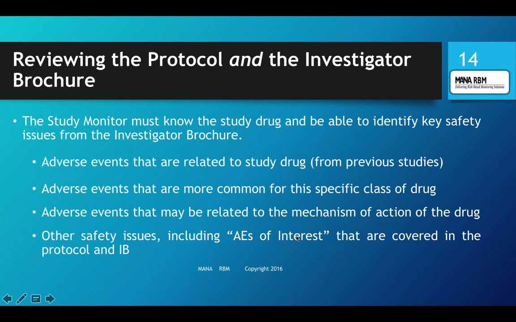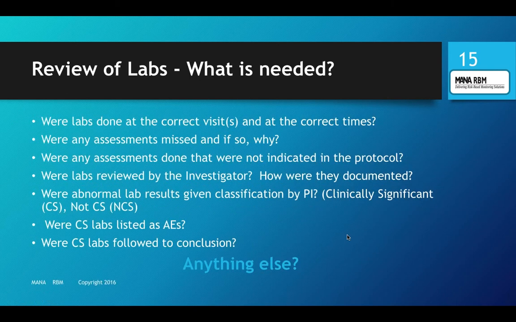And are there any AEs of interest that are covered in both the protocol and investigator brochure? If you're in a phase 3 trial, you may already have identified areas of interest. For one of the programs I worked in, we wanted to know everything we could about skin reactions. So it depends on the program. And again, this will probably be independent of the mechanism of the drug, maybe or maybe not. But you want to really understand all of this aspect of adverse events before you start monitoring.